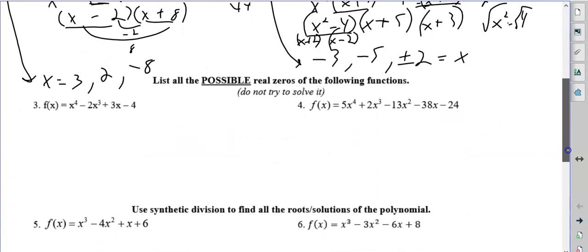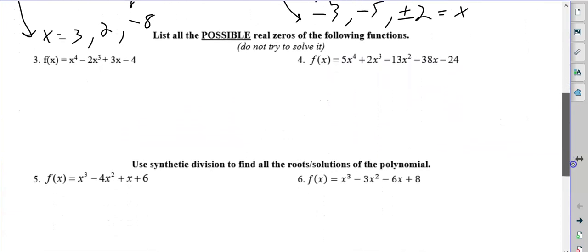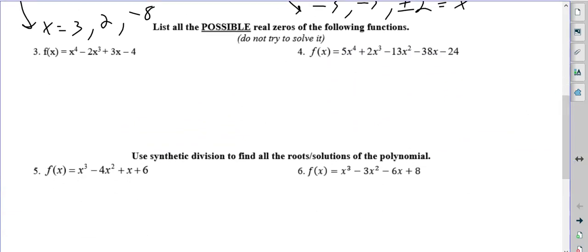Moving on. List all the possible real zeros. Okay, so this one's an easy one because the coefficient here is 1, right? So it's all the factors of this over the factors of this. Well, anything over 1 is itself.